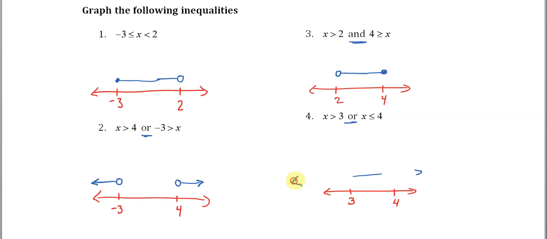And in this case, we're essentially talking about the entirety of the number line. This is all real numbers. X can be bigger than 3, so that's a lot of numbers over here, or x can be less than or equal to 4, so that's all the numbers over here. And that covers the entire line. So this is a special case. This is all real numbers.